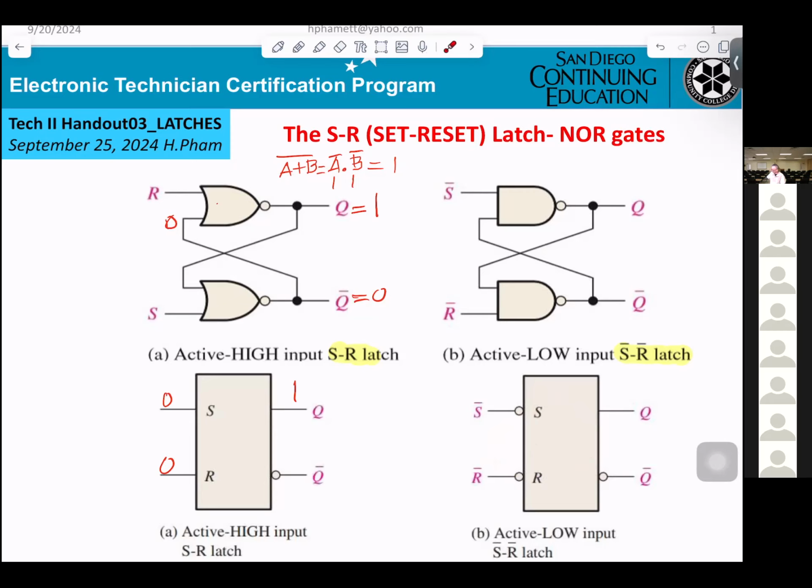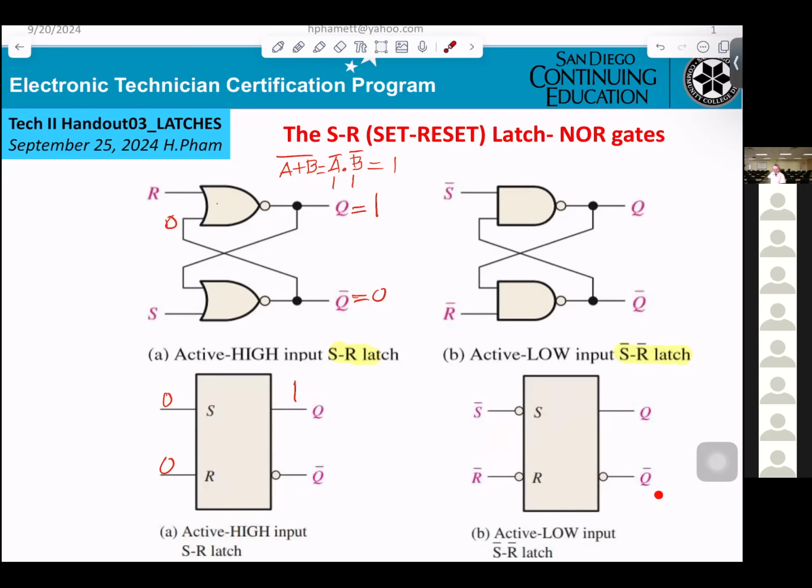You can see the difference, either SR on this part here or on this part here. They get two inputs S and R, output Q, not Q. Same thing on that one: input S, input R, output Q and not Q.